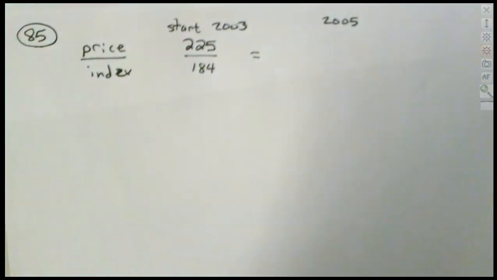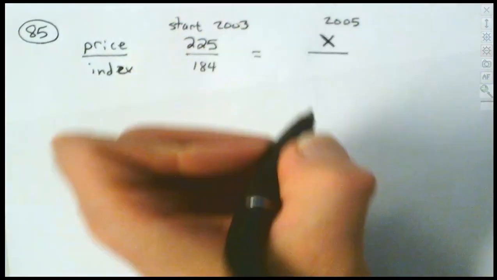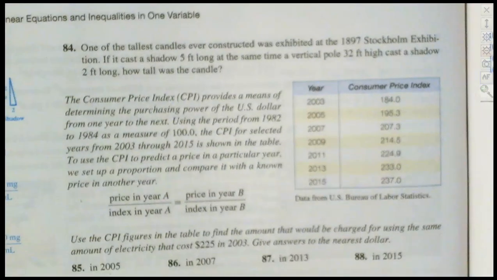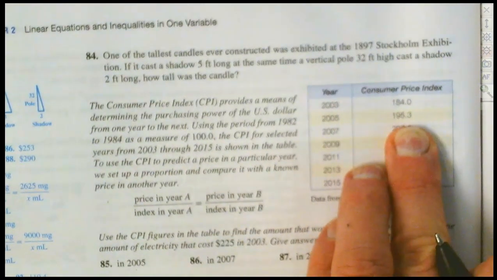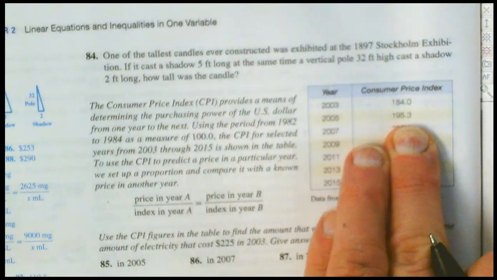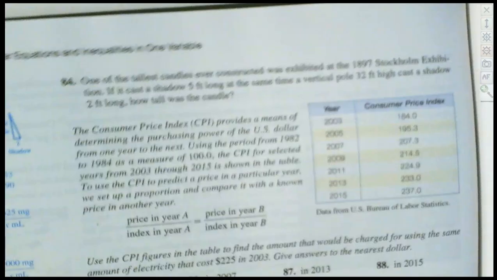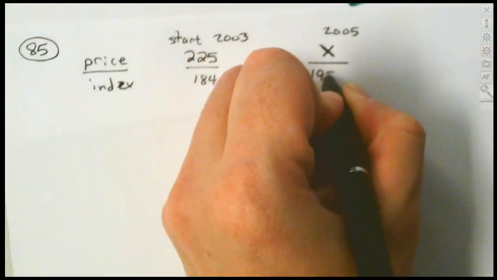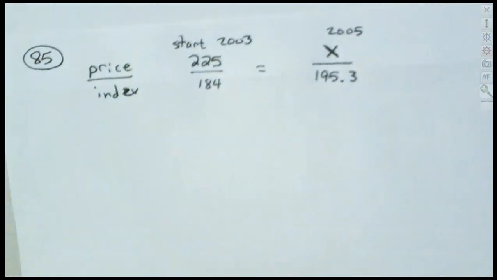We do not know how much that electricity should cost in 2005, so we'll use an X. But in 2005, what's my index? If I go to my table, my index is 195.3. This is going to set up our ratio.